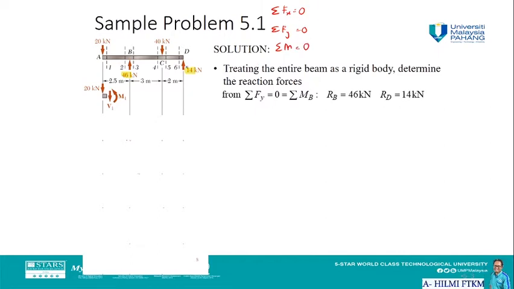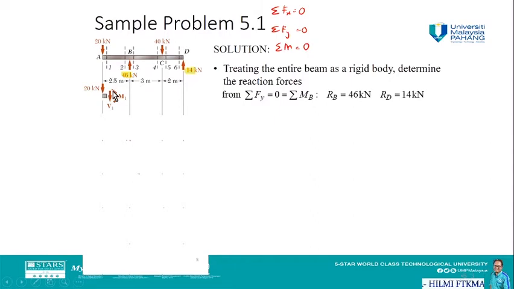So then we can easily find RB and RD, the reaction forces for both points. From here we are going to start by calculating the shear and the moment for each section.